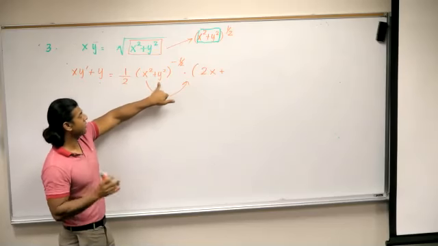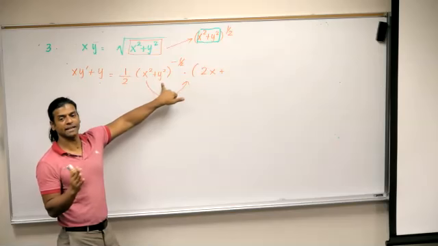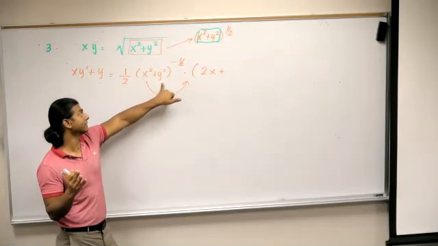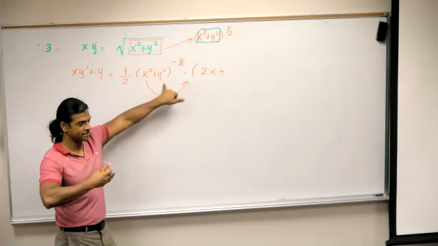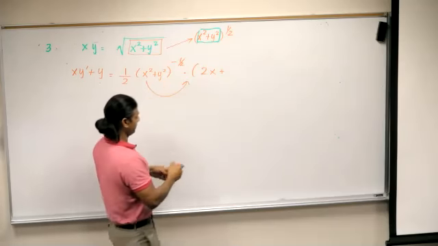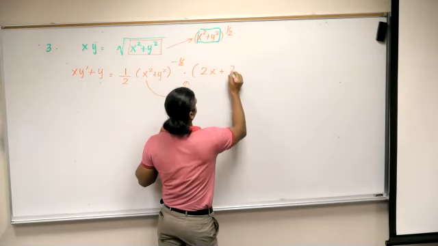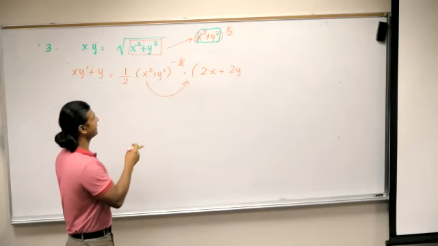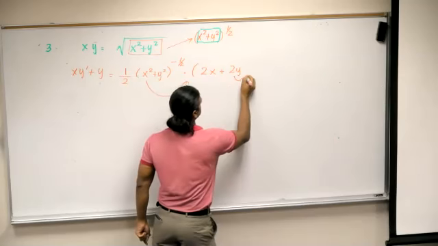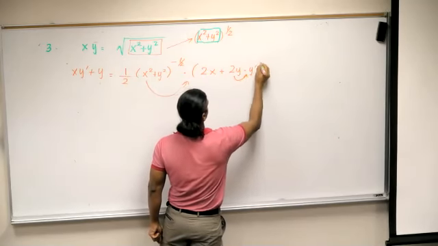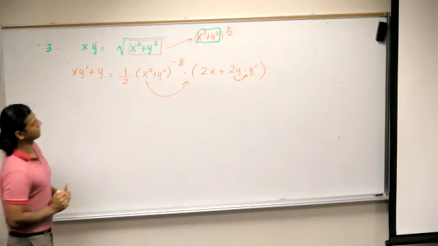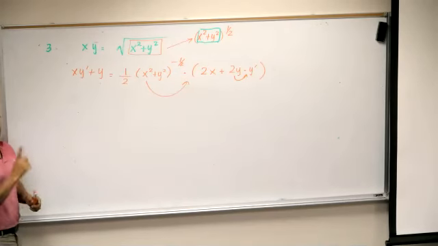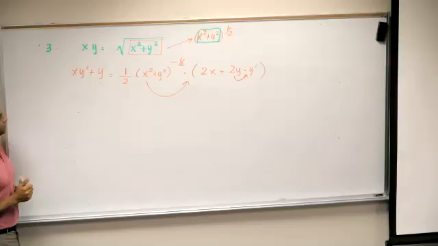So if you just treat that y squared as x squared for a second, the derivative of y squared will be 2y. But then you realize it's not x, rather y, so you multiply by y prime. Because you're doing chain rule within chain rule. Yes, chain rule within chain rule.